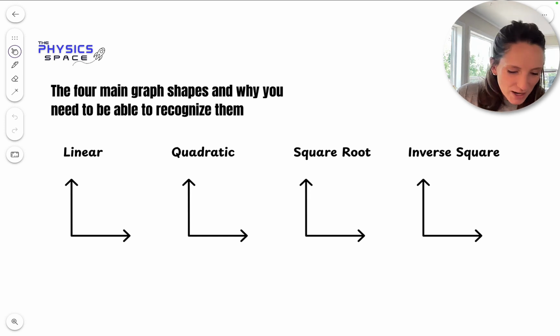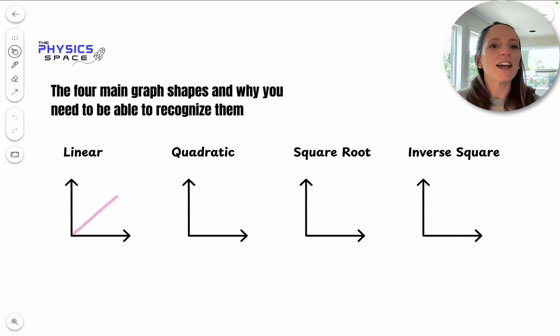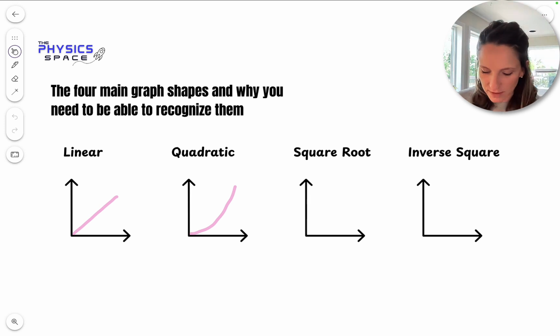So number one is our good old friend, the linear graph. This one, of course, is just a straight line, usually positive slope, maybe a negative slope, but it's just a straight line. The other option here is a quadratic graph, or one that has this parabolic type shape.